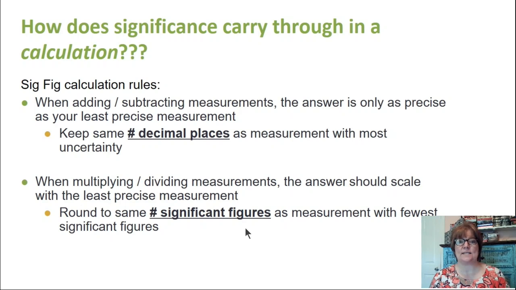Instead, I'm going to go by quantity of significant figures. How many significant figures does my least precise measurement have? So I'm going to count the number of significant figures in all of my measurements in the operation, and then round it to the one with the fewest number of significant figures.